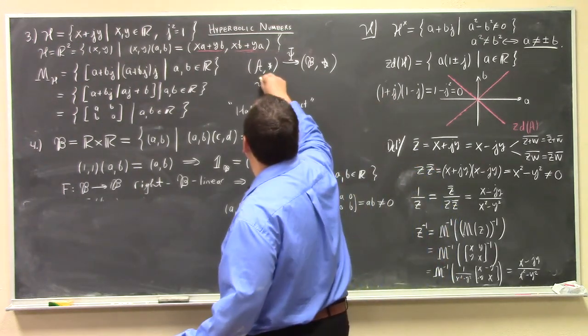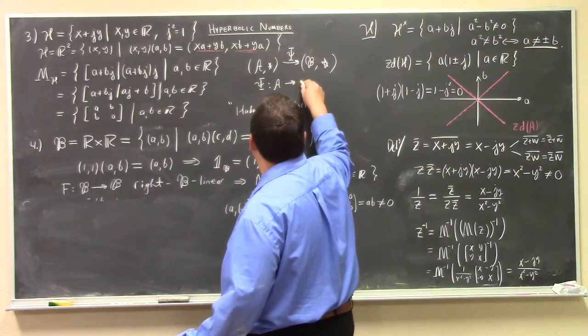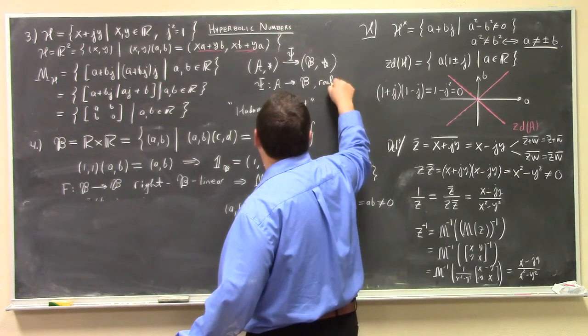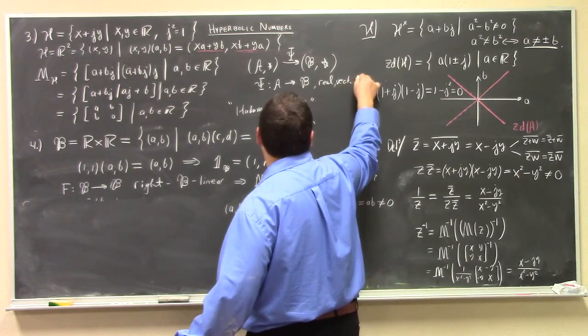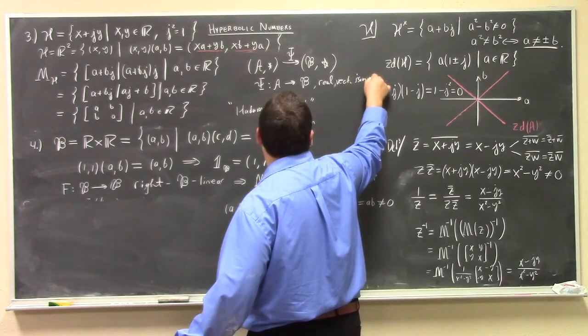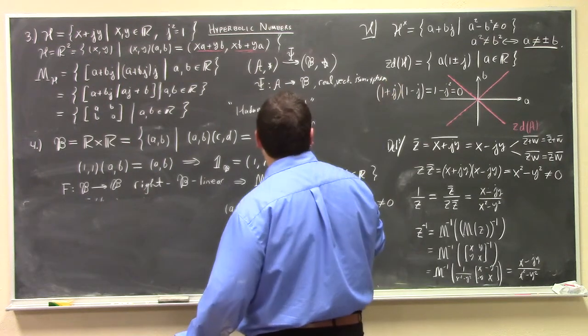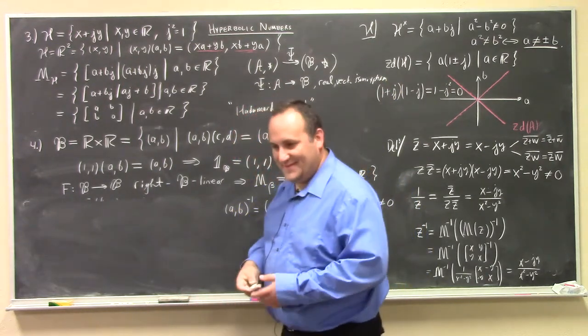So phi from A to B, a real vector space isomorphism. I'm trying to say an isomorphism of real vector spaces, okay?